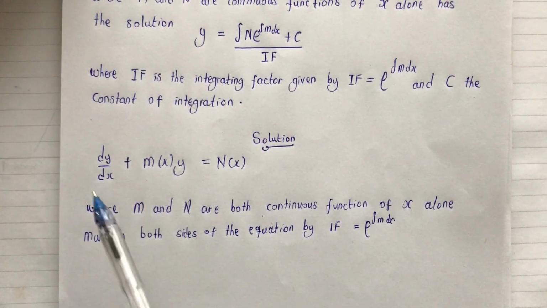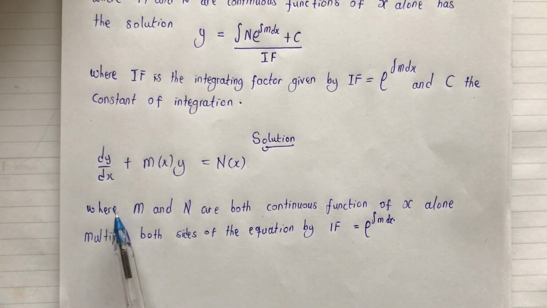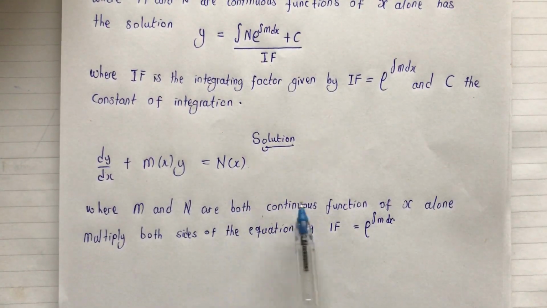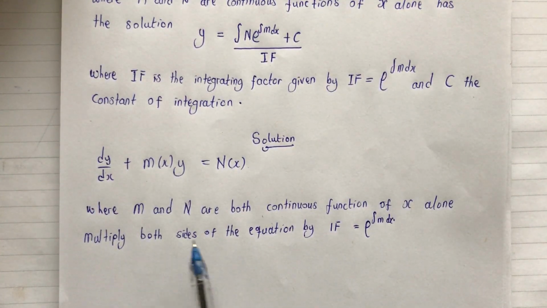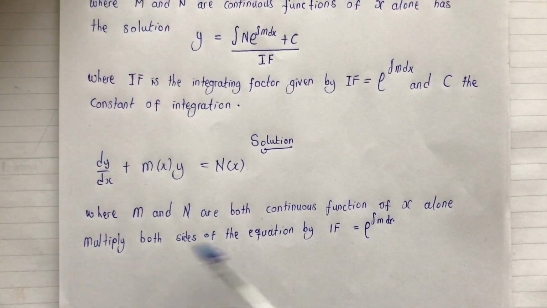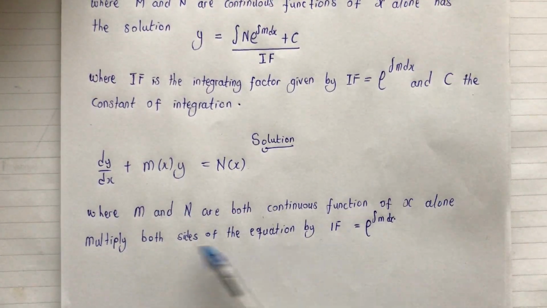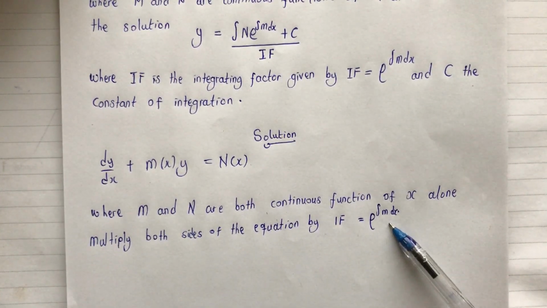So in your first step, you write it down, then you write a statement that m and n are both continuous functions of x alone. Then your next statement will be: multiply both sides of the equation by the integrating factor. So I'm about to do that. I multiply both sides by the integrating factor, which is this.